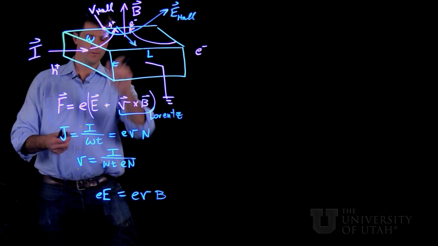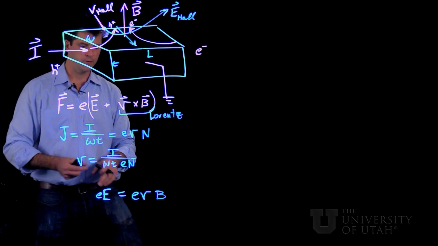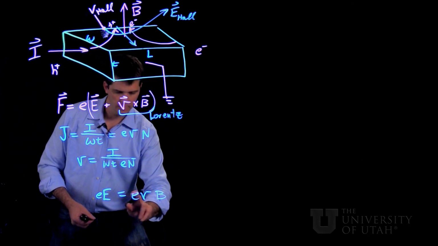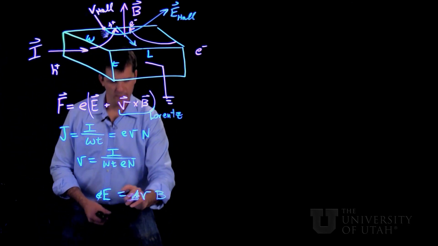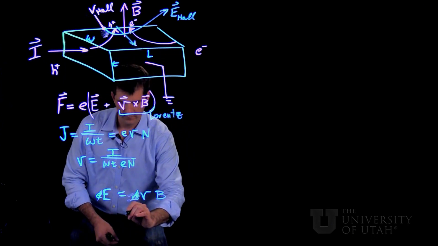Because all of these quantities are in orthogonal directions, we can drop signs and cancel these, and then substitute in here.